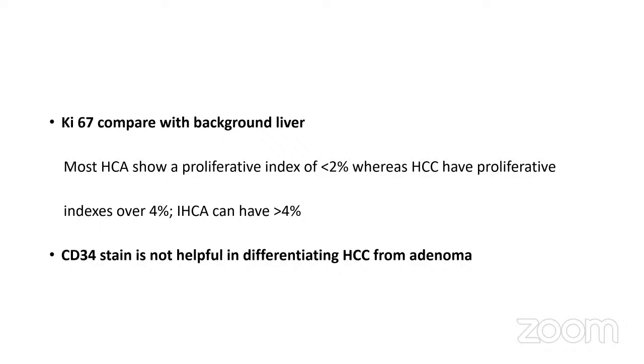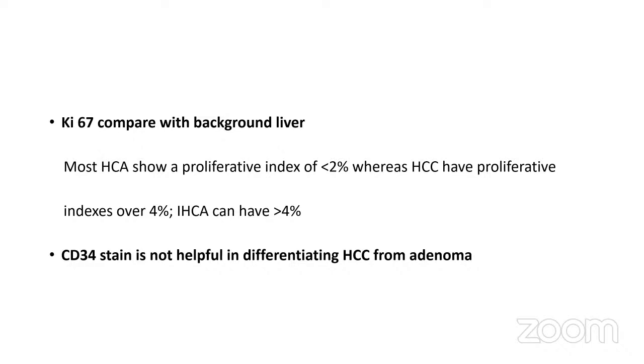So Ki67 is more important when you have a background liver to compare with. It gets a little tricky to interpret the Ki67 when you do not have the background liver. So most hepatocellular adenomas and normal liver would show a proliferative index of less than 2%, whereas HCCs will have a proliferative index of equal to 5 or more. So not like a huge difference.